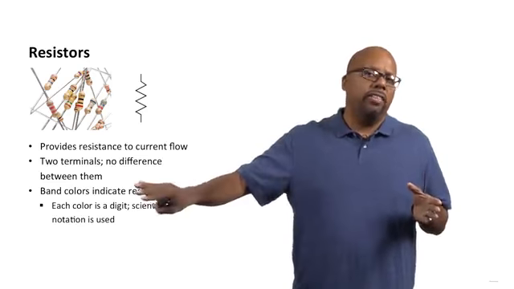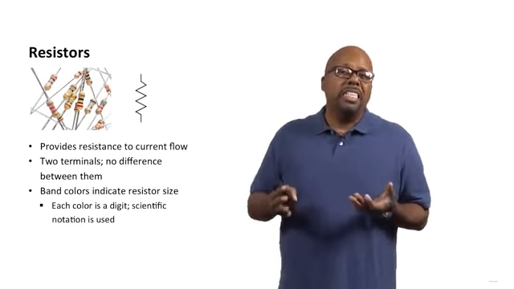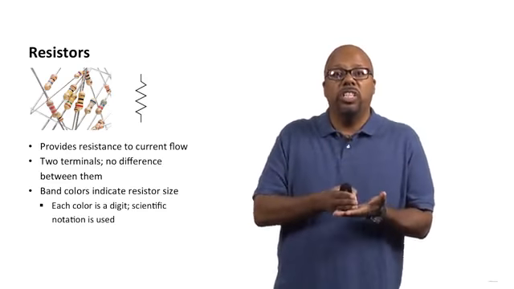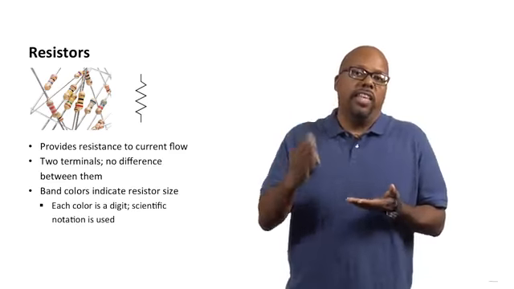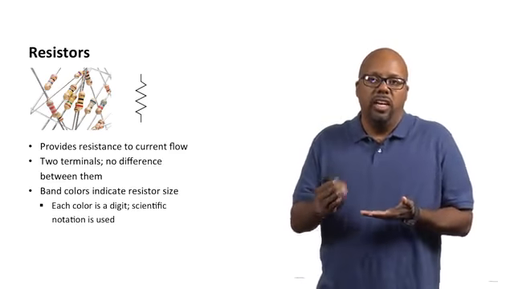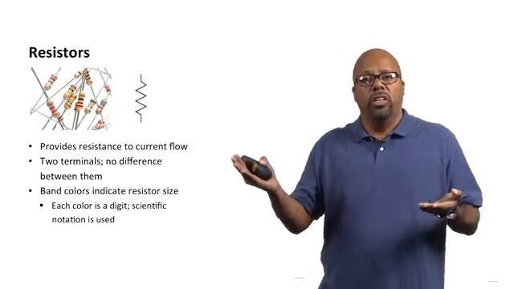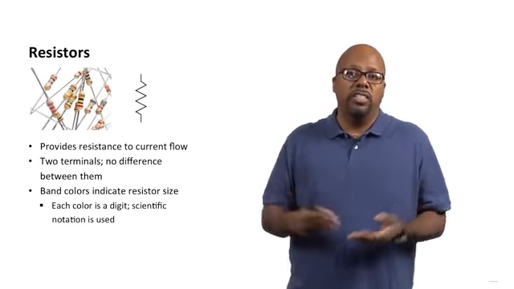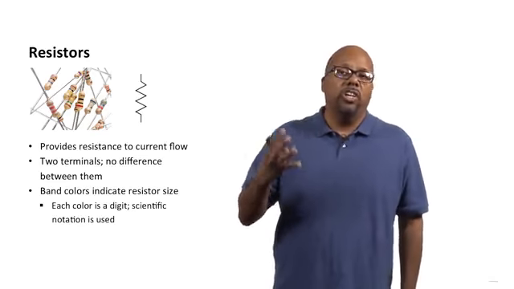One band is the accuracy, but the other 3 bands represent 3 digits, and it's basically scientific notation. The first 2 digits are just 2 digits of the number. Let's say it's a 2 and a 2. And then the last digit is the exponent of 10. So let's say I had 2, 2, 3. That would mean 22 times 10 to the third. That's how many ohms of resistance the resistor has. So that's how you read them, and you need to have the color code sheet in front of you.